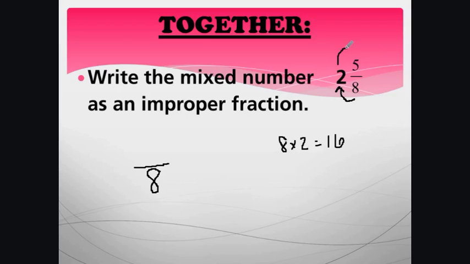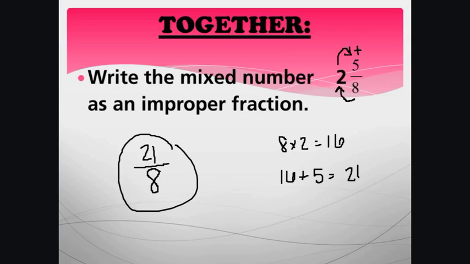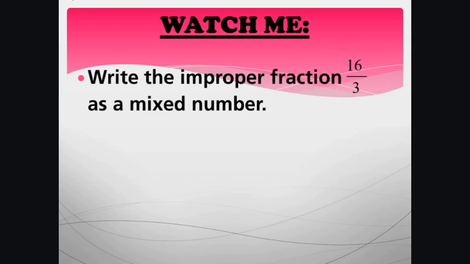And then I add my numerator to that value. So I have 16 plus 5, which is equal to 21. So 2 5/8, written as an improper fraction where my numerator is larger than my denominator, would be 21 over 8.